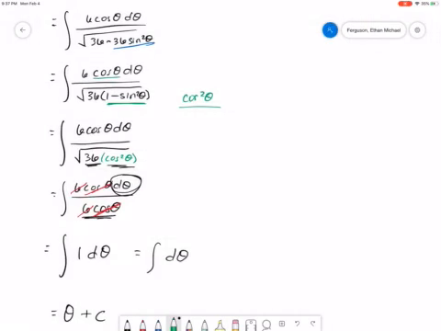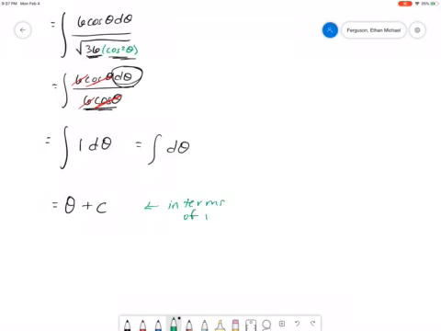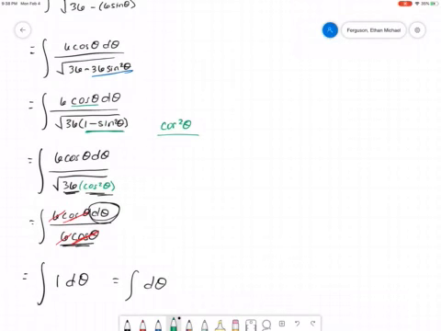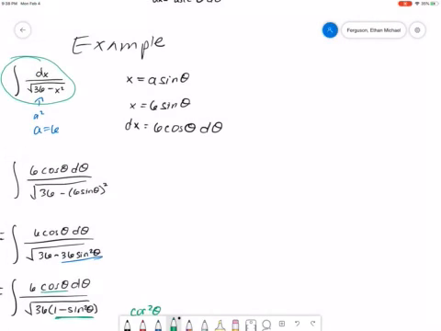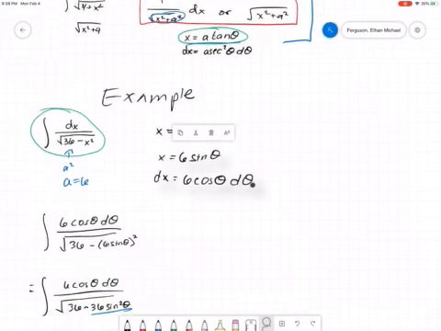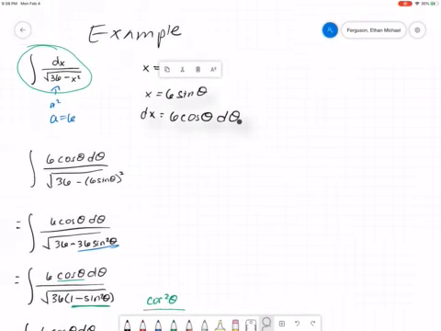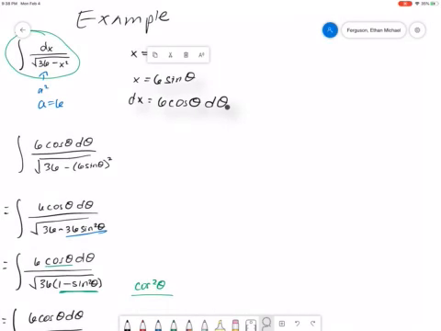In terms of x. So if we go all the way back to the top, I'm just going to copy and paste this right here and drag it. I thought I was going to drag it down. Ooh. We're just going to rewrite it because that's not working.